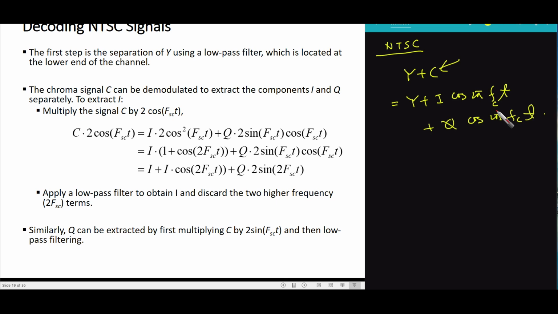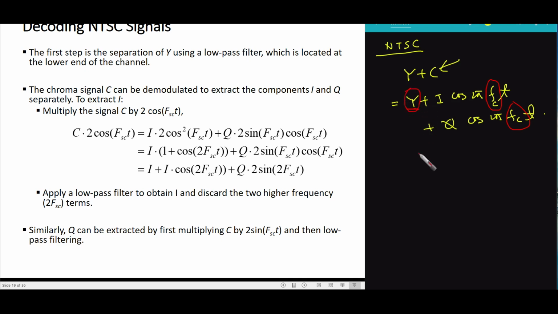Okay, so this is our composite video signal. Now at the receiving end, let's see how we can receive the signal. First, you see this is a high frequency, FC and FC, right? But here you see there is no frequency. We can say this frequency is 0, and this basically resides in the lower end.